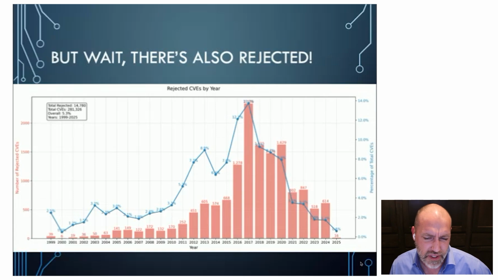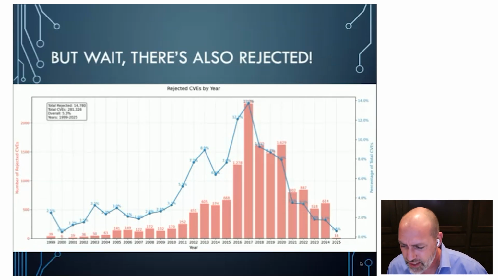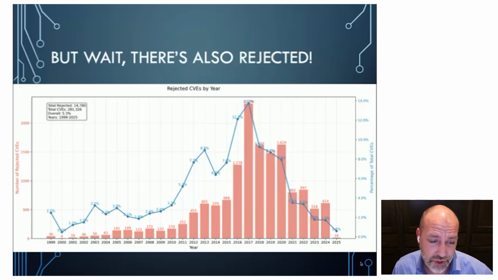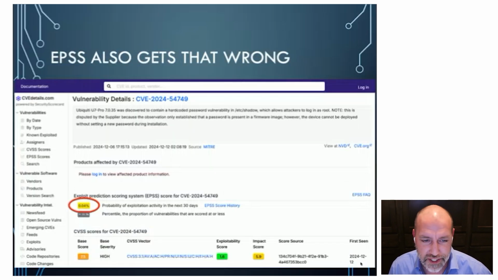And disputed is kind of the middle ground between not rejected and rejected, I guess. I'm not sure because it's not really well documented, or at least not where I've found. But we are seeing that there's a pretty big drop off in rejected over time. So maybe the quality is getting better. I really don't know. I don't know what happened in 2017 where a huge percentage of vulnerabilities were rejected, but apparently there's quite a few more that are also getting rejected.